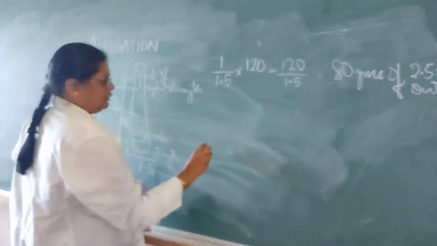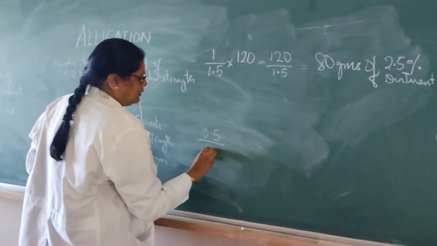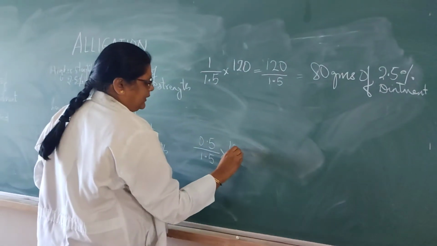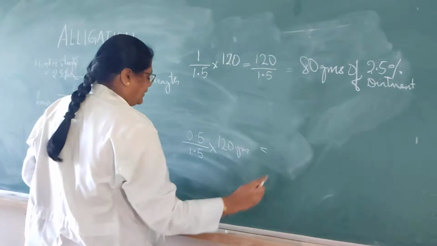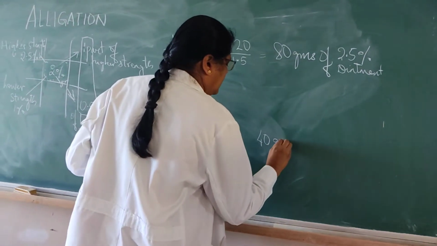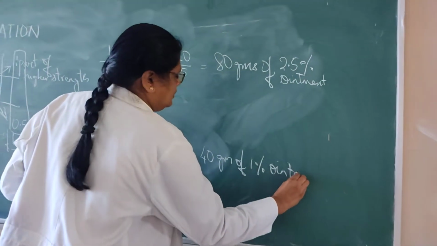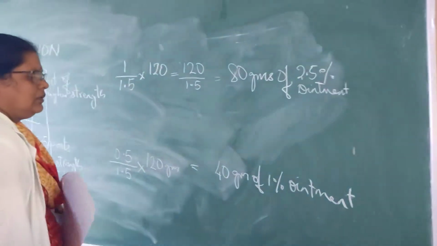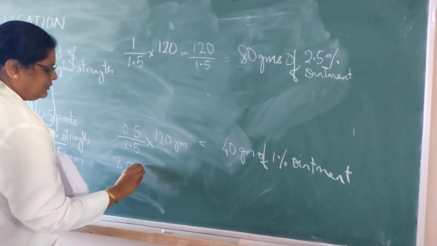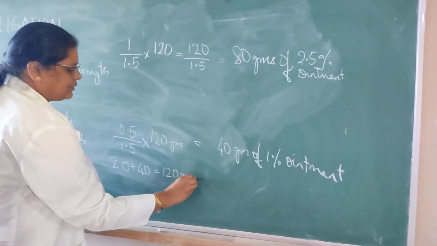For lower strength, it is 0.5 divided by 1.5 into the quantity required, 120 grams, which is nothing but 40 grams of 1% ointment. So if you add 80 plus 40, it is nothing but 120 grams.